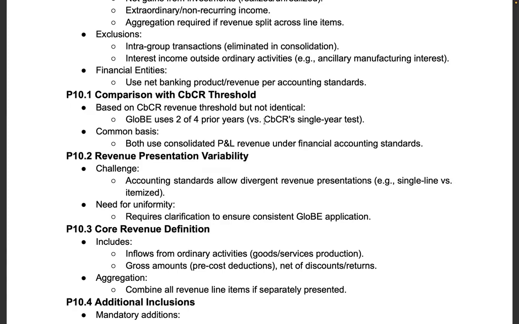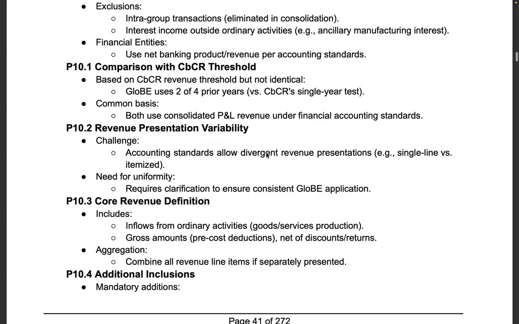So CBCR, country by country reporting, probably uses only a single year test, but GloBE has a broader criteria, and definitely it allows for greater stability and greater standardization. So it uses 2 out of the 4 prior years. Common basis: both use consolidated profit and loss revenue under financial accounting standards. So that's the common feature in both CBCR and GloBE rules.